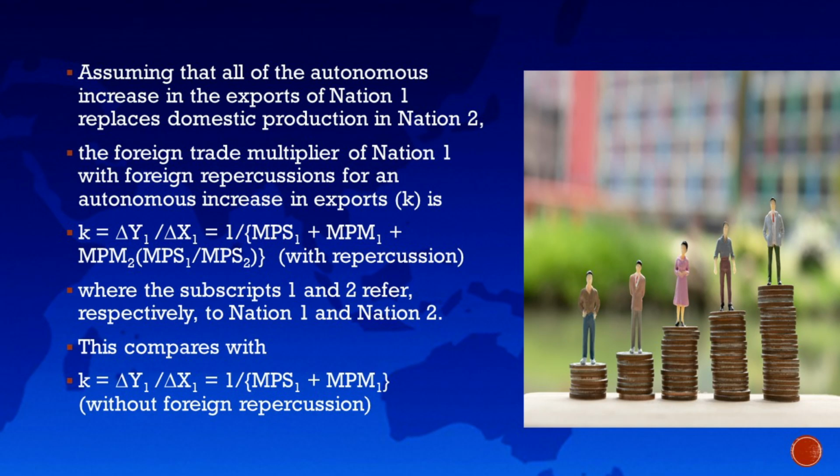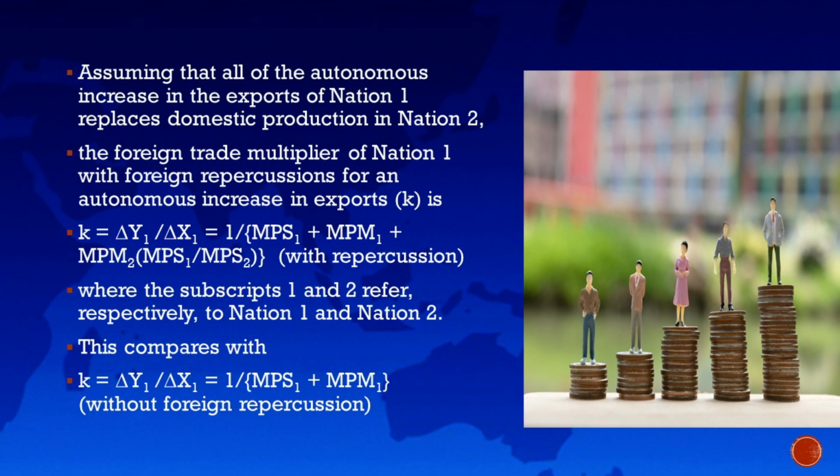The new formula for the multiplier, the change in income due to change in the export of nation 1, is 1 by MPS1 plus MPM1 plus MPM2, the marginal propensity to import of nation 2, into MPS1 by MPS2, with repercussion.